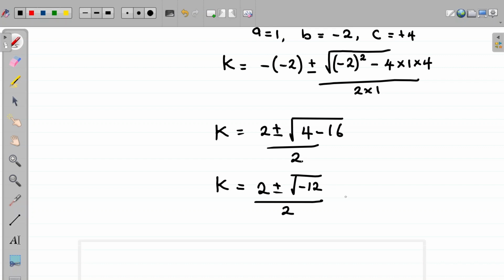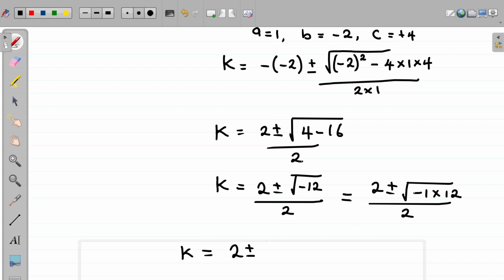This can further be expressed as 2 plus or minus root of negative 1 times 12 divided by 2. So k is equal to 2 plus or minus root of negative 1 times root of 12, all divided by 2.